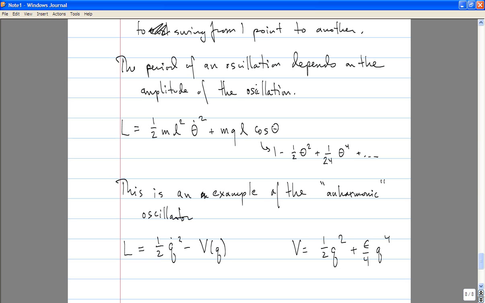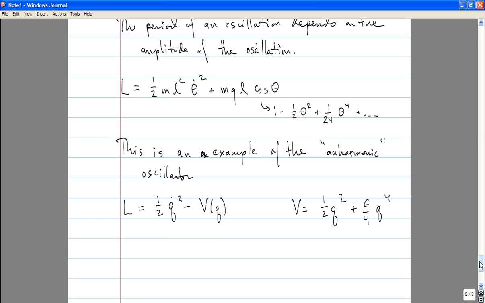So let's now try and compute the period of the anharmonic oscillator. So remember that the time it takes for the pendulum to move between 2 points. So let's say that the potential looks like this. So it has a q squared plus a q to the 4th part.